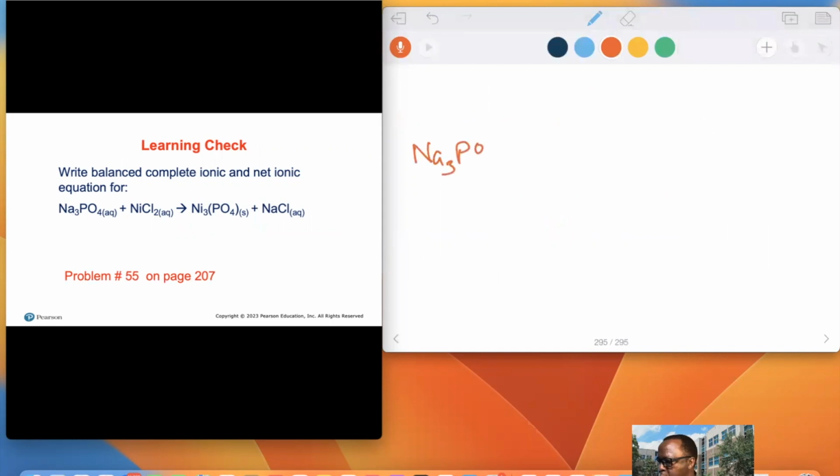Na3PO4, sodium phosphate, plus nickel 2 chloride, aqueous, going to Ni3(PO4)2, nickel 2 phosphate, should be nickel 2 phosphate, by the way. There should be a 2 there.